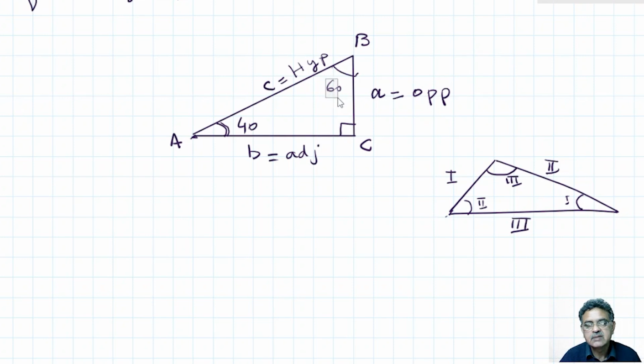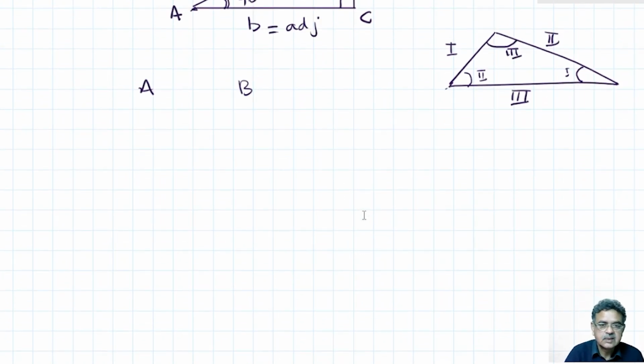How can we determine it? The sum of these two angles must always be equal to 90 in a right angle triangle. So if this is 40, then the other angle will be 90 minus 40, 50. So if I make a list of A and B, A is this angle and B is this angle. You can repeat with me: if this angle is 10, what should be the value of B?